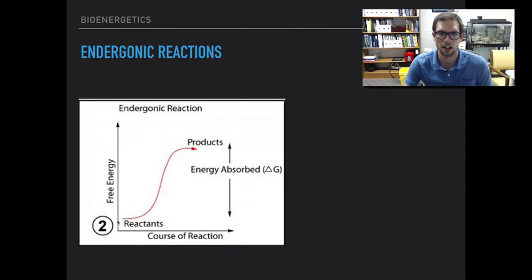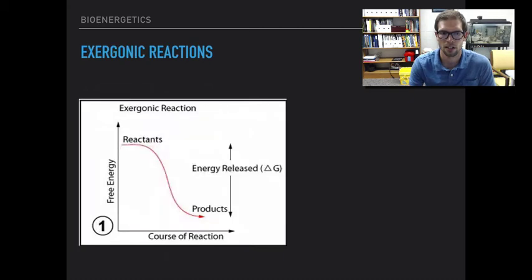Now for an endergonic reaction, the reactants are going to be at a lower energy than the products are. So that means that energy is going to be absorbed. You're going to have a positive delta G for endergonic reactions. That means that you actually have to put energy into the system in order to get it to work. For the forming of glucose, for example, would be an endergonic reaction that you have to put energy in.